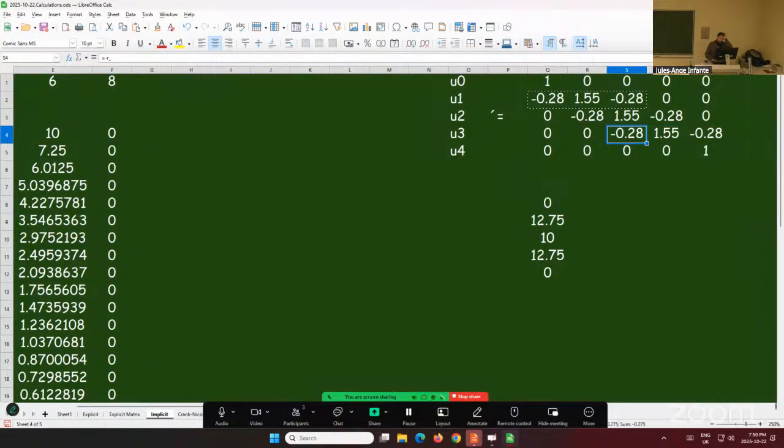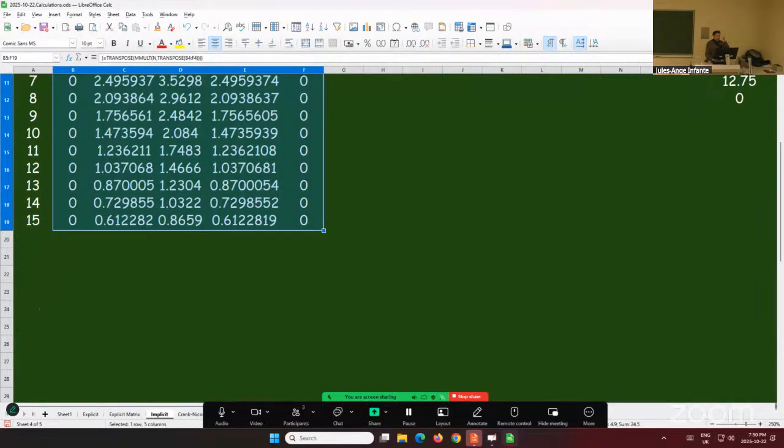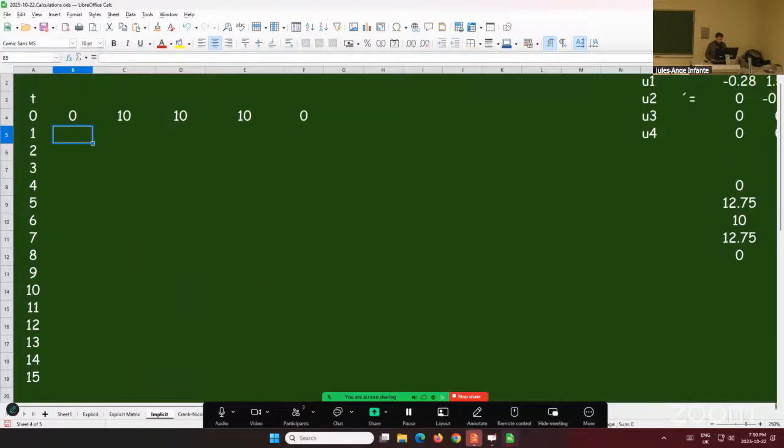And now this is matrix M. And here we will have the transpose of the multiplication of the inverse matrix M inverse, right?